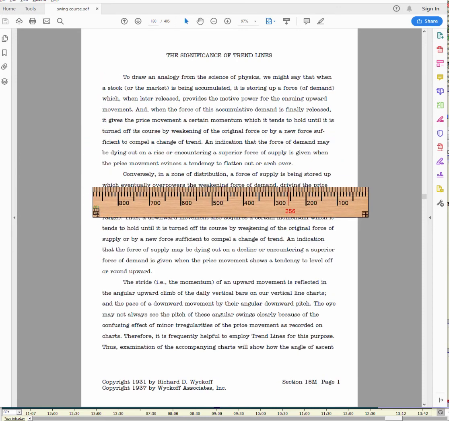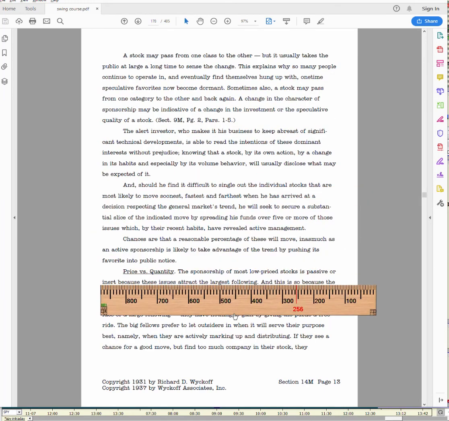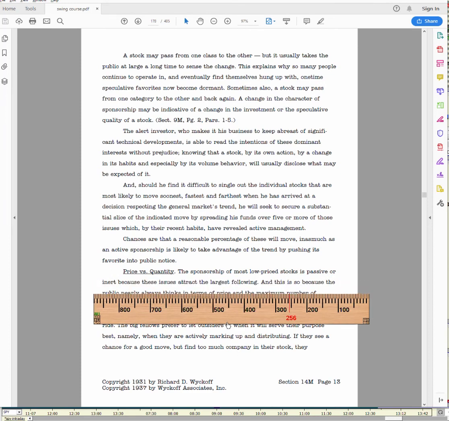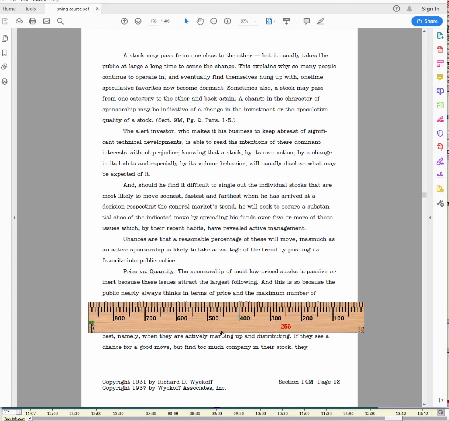Let's go back to this one. Price versus quantity. The sponsorship of most low-priced stocks is passive or inert because these issues attract the largest following. And this is so because the public always thinks in terms of price, because they want to load up on a lot of $1 stocks.